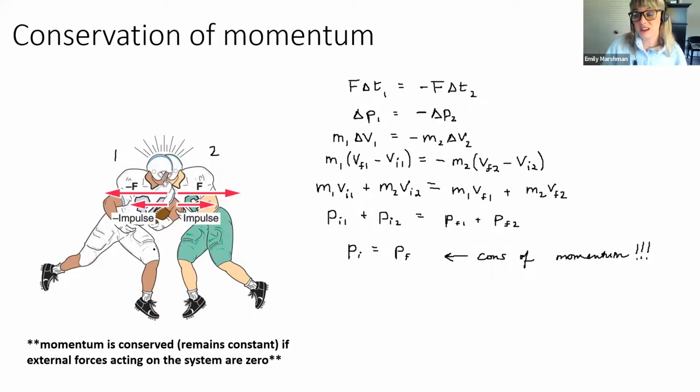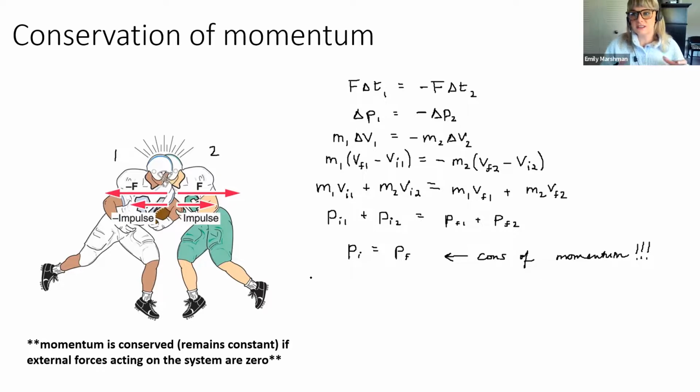Because of other forces between their feet and the ground, for example, the frictional force there. But if the external forces acting on the system are zero, and the only force we're talking about is the internal force between the two players or between the two objects that are colliding, then the momentum will be conserved.